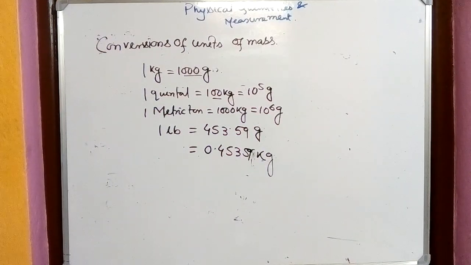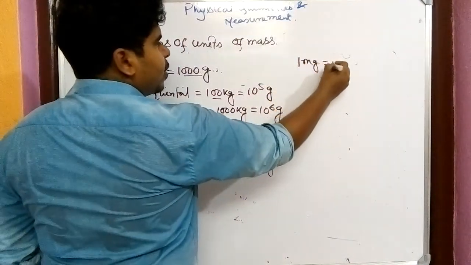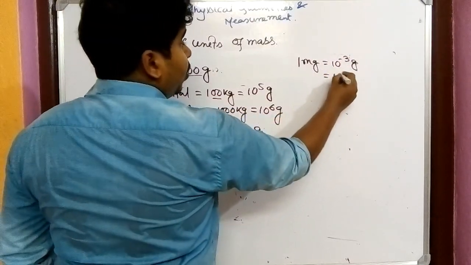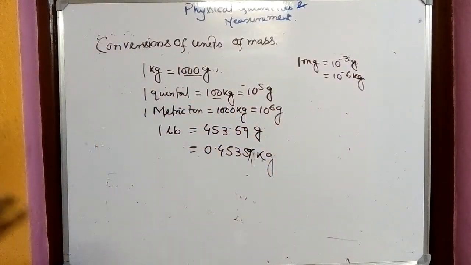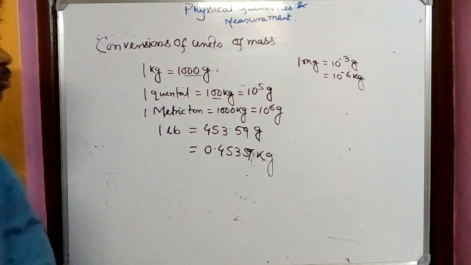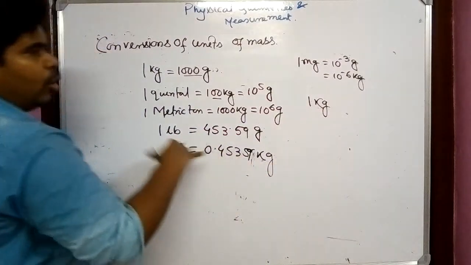Apart from this, the smaller units are there: 1 milligram is 10 to the power minus 3 gram, and 10 to the power minus 6 kg. So these are the conversions of the units of mass. If it is asked, what do you mean by 1 kg equals how many milligram?